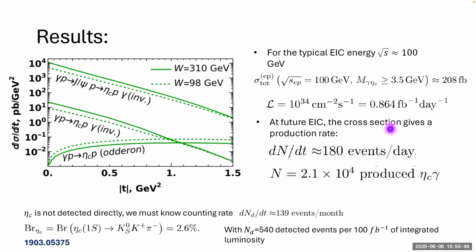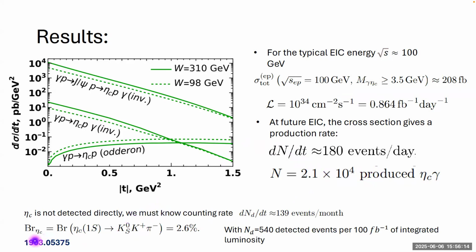So the production rate is approximately 108 events per day with this quantity of produced eta C gamma. But of course, it is very difficult because you are not able to measure directly this part, eta C meson gamma. So you have to use the decay.